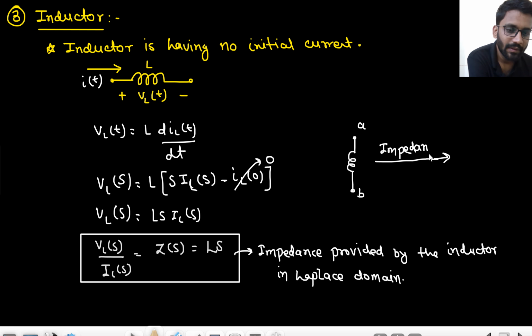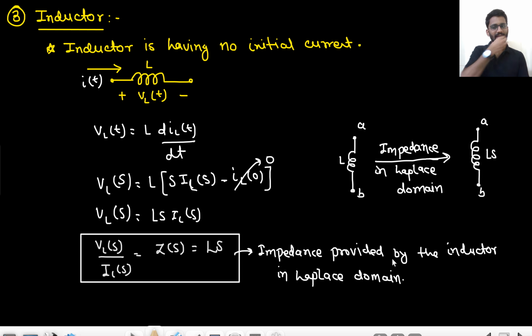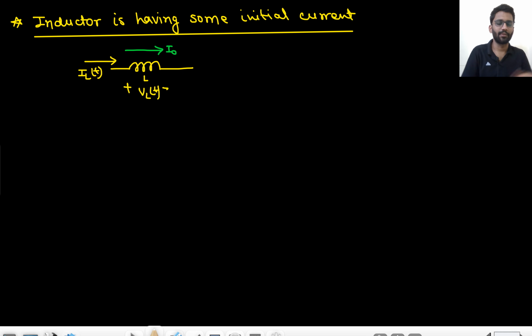This L will be replaced with LS. Now if the inductor has some initial current, what will happen?